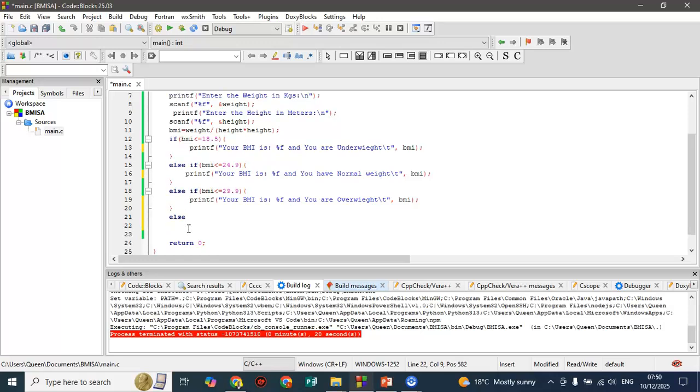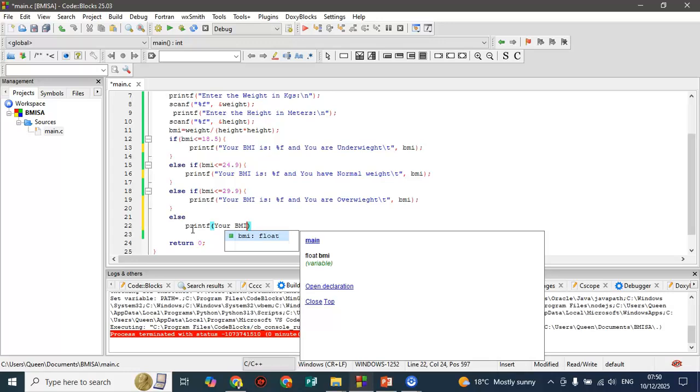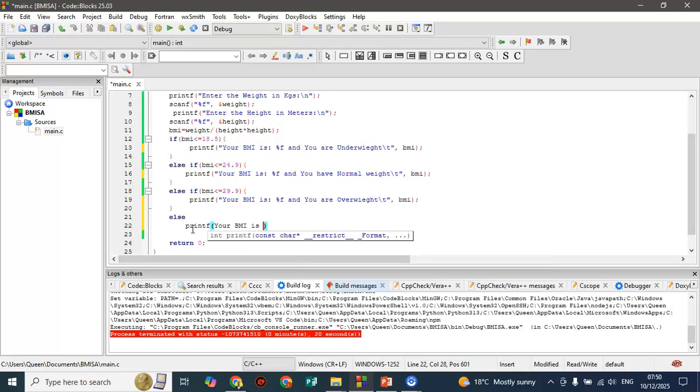let's see what will happen if we just enter and then we write a statement here that says printf, your BMI is %f, and then the base.